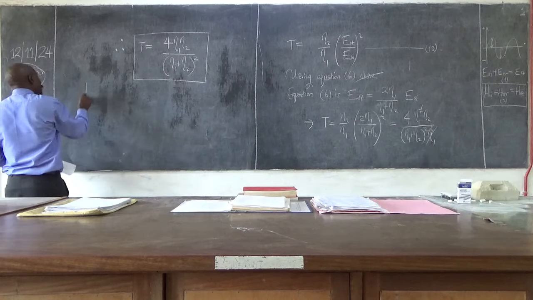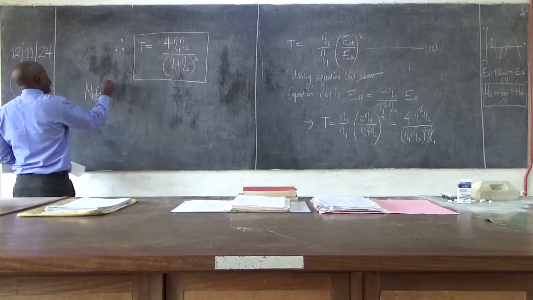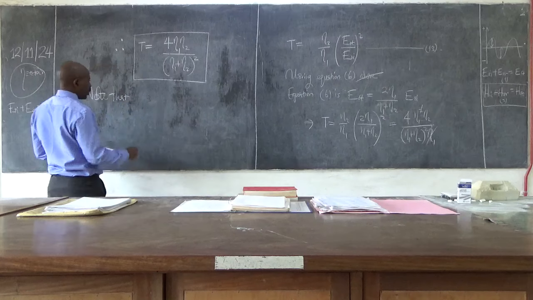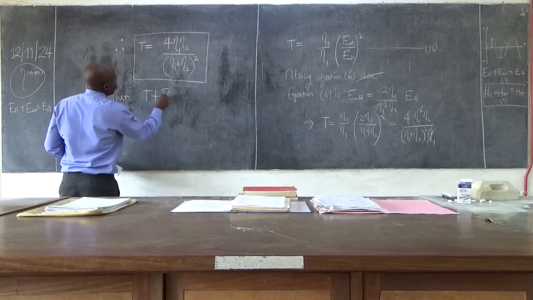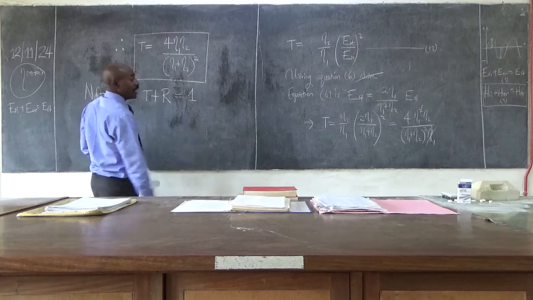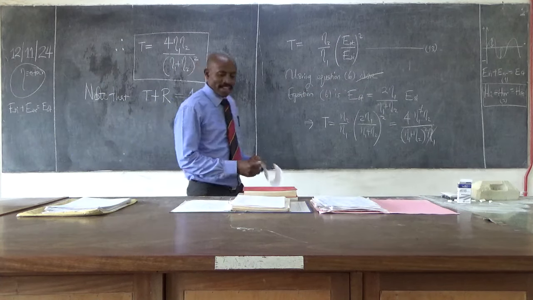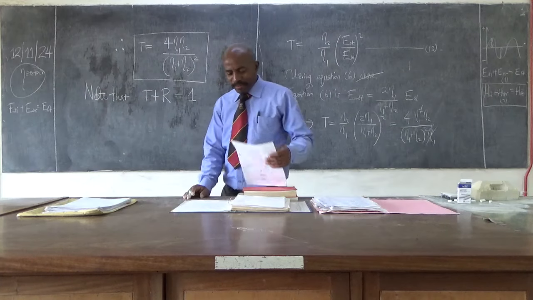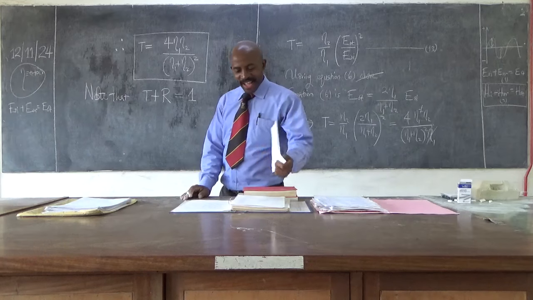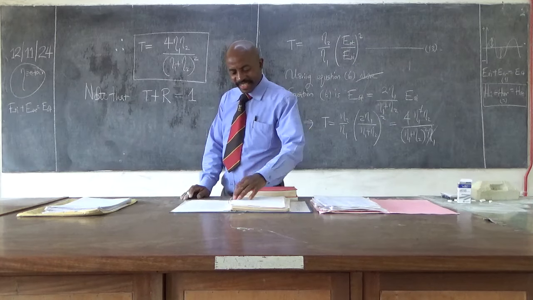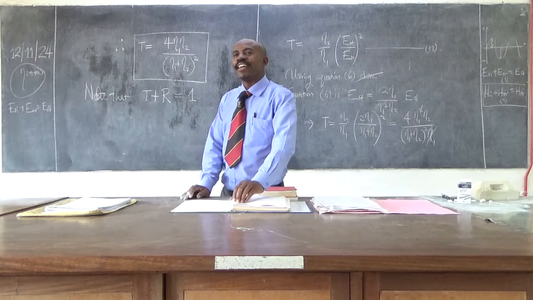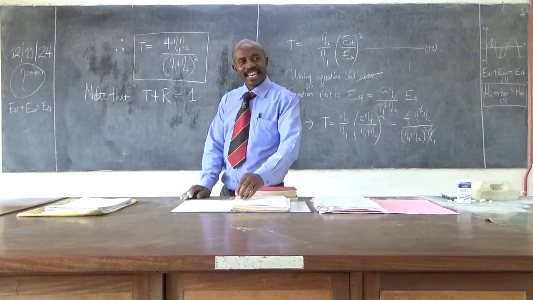You have to note that the transmission coefficient plus the reflection coefficient are like probability. They never go beyond 1. So I should never give you a number and then you get T equal to 12 and then you underline it.